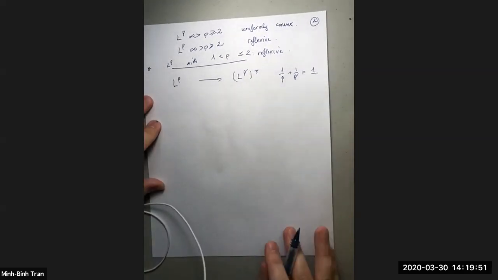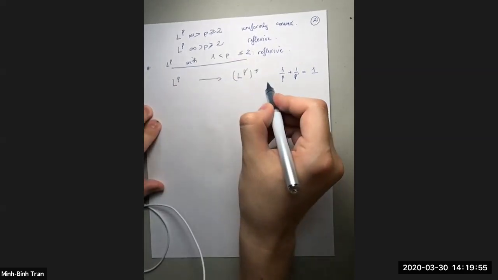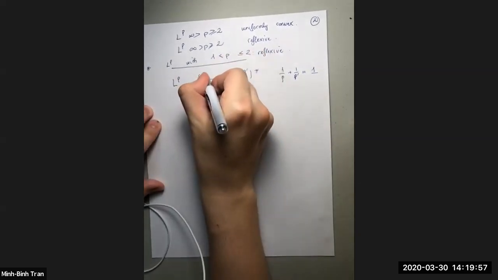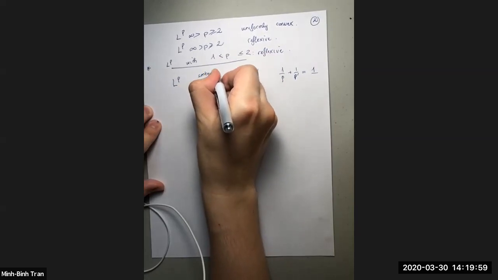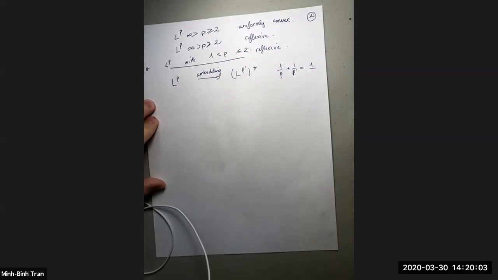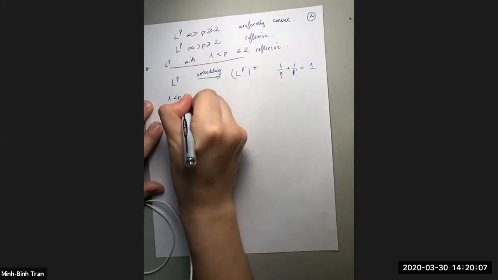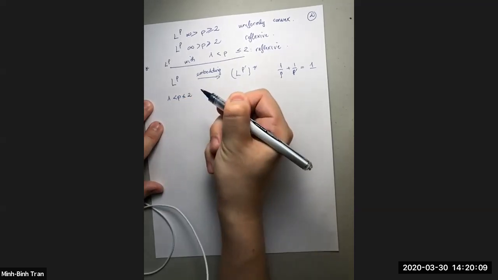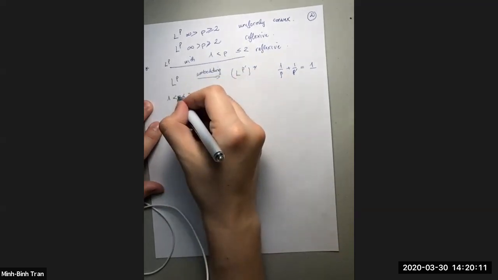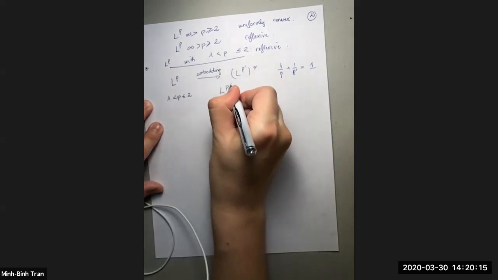So I'm going to embed L^p into L^p prime star, right? Before doing this embedding, I'm going to show you why we need it. So for p bigger than 1 and p smaller than or equal to 2, what can I say about L^p prime?